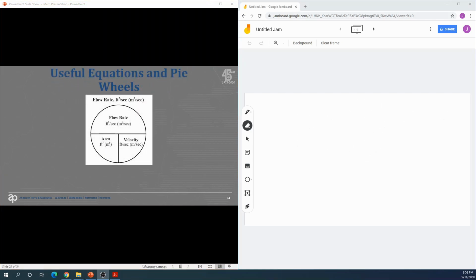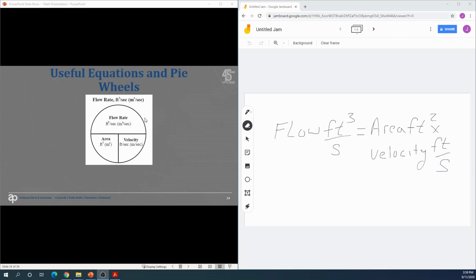Okay, we're going to move into our next useful equation in pi wheels. This one is going to be flow rate. So our flow rate, and let's just say in cubic feet per second, is equal to our area, feet squared, times our velocity in feet per second.